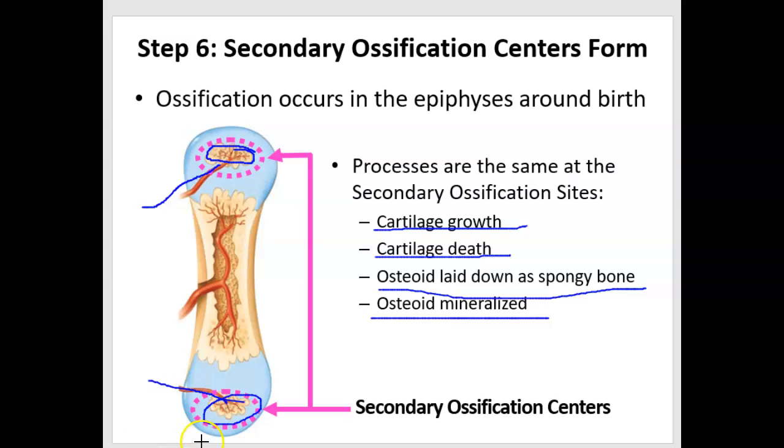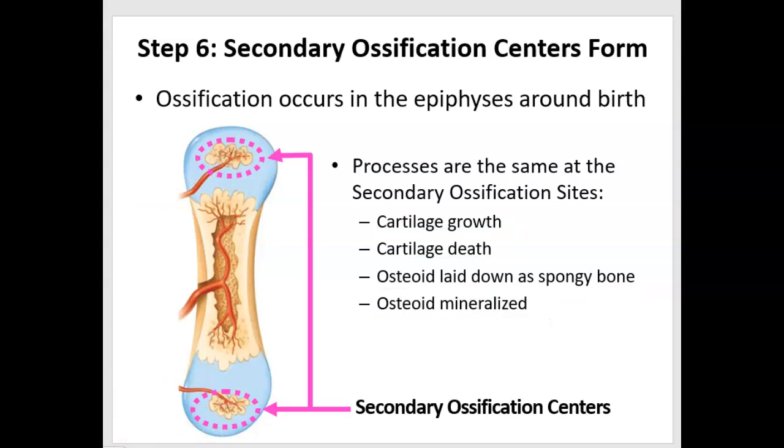So in the end, with these two ossification centers, the secondary and the primary, eventually meeting, this one's going to kind of grow this way and this way. This one's forming this way. You're going to end up with just a little region that persists as cartilage and cartilage matrix.